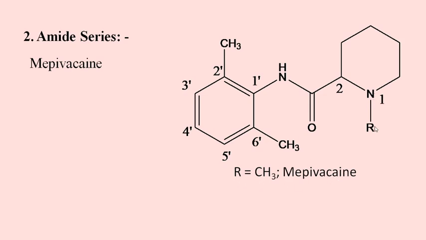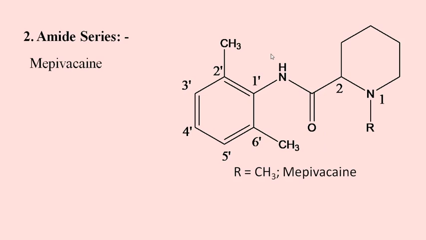So 1-methylpiperidine. This nitrogen ring is called piperidine. 1-methylpiperidine-2-carboxamide. At position 2 you can see, this is 1, this is 2, the carboxamide. You can call it simply amide or carboxamide. Generally it is called carboxamide.